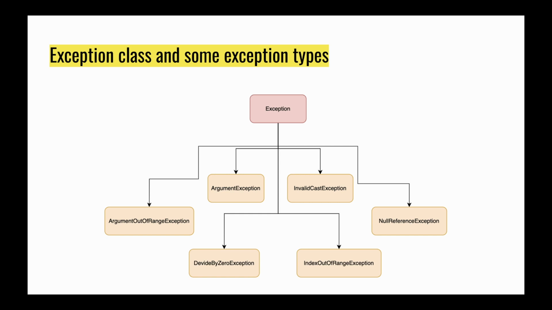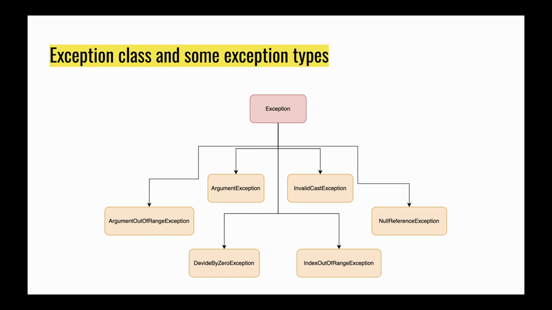ArgumentException is generated if an invalid value is passed to the method for the parameter. IndexOutOfRangeException is generated if the index of an array or collection element is outside the range of valid values. InvalidCastException is generated when an attempt is made to make invalid type conversions. NullReferenceException is generated when attempting to access an object that is null, i.e. essentially undefined.